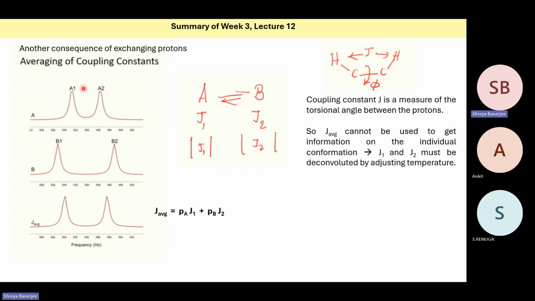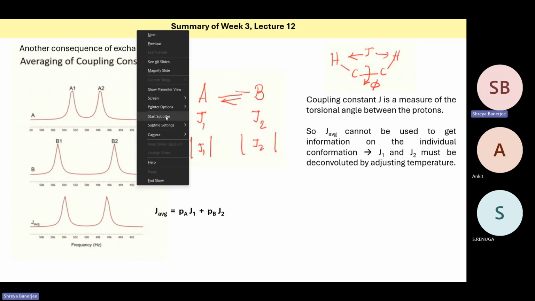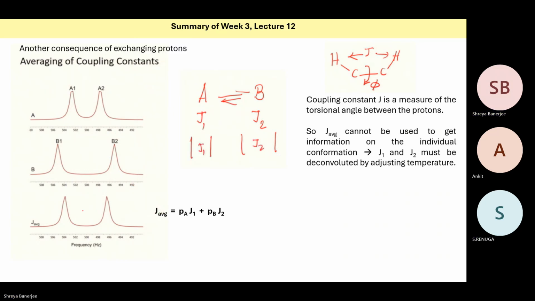When A and B are merging, suppose this is the merged peak of A and this is the merged peak of B. At that time, J1 has also disappeared because both of these are merging, and J2 has also disappeared because these are merging. So you will observe an average J which depends on the population of A and B.